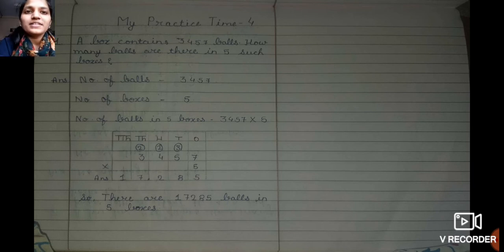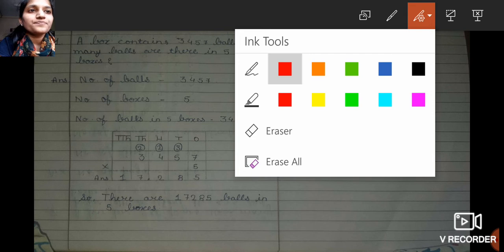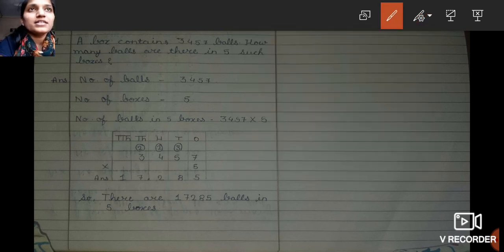So we are going to multiply the number of balls in one box by 5 boxes. Here we are going to multiply 3457 by 5.